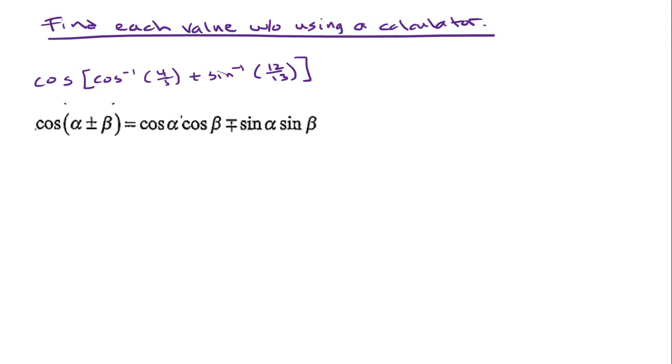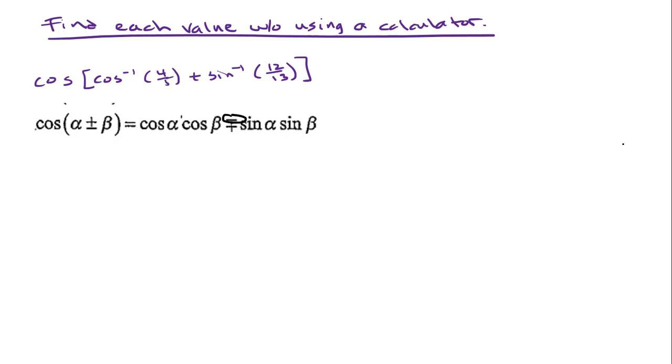Okay, so for this one, the formula we're going to be using is the sum and difference formula. So we have cosine of alpha plus minus beta is equal to cosine alpha cosine beta minus plus sine alpha sine beta. How you use the sign is, if you have alpha plus beta, then you would use the top sign.